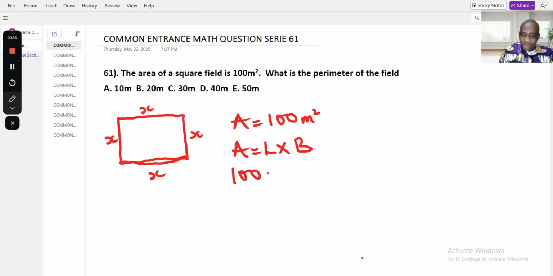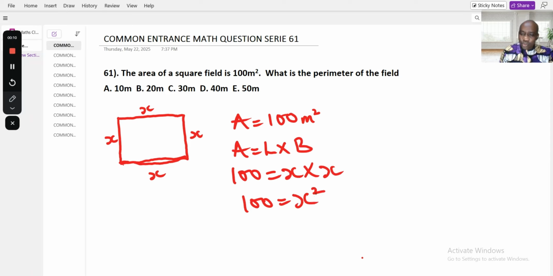The question has given us 100. What is our length? It is x. What is our breadth? x as well, because we assume we don't know the side. They all have equal sides. Therefore, x times x is going to give us x square.